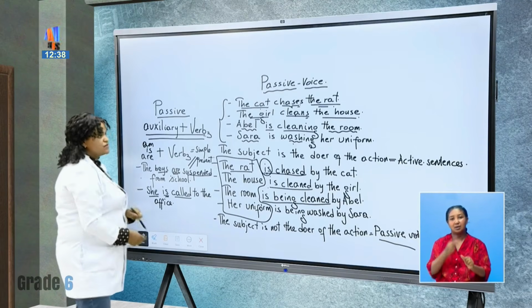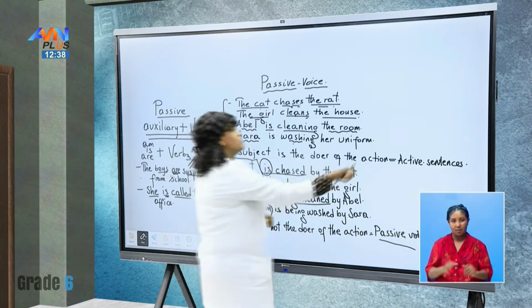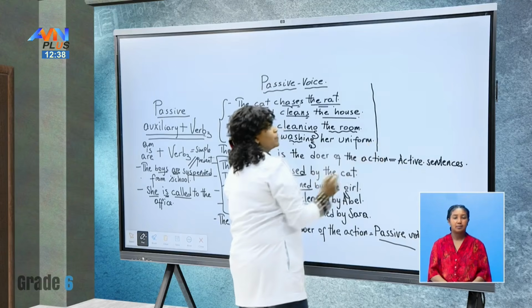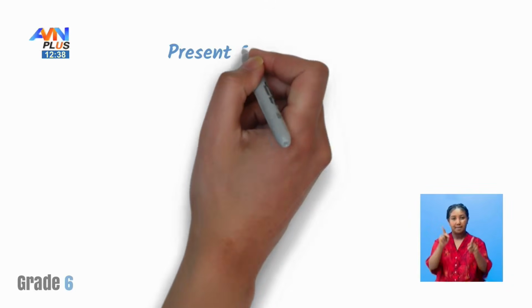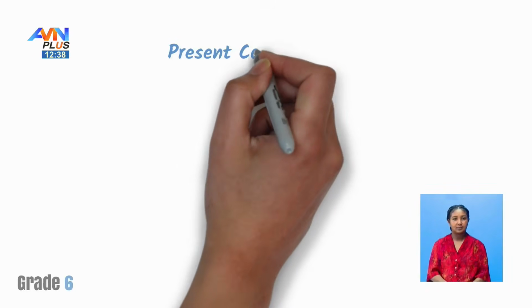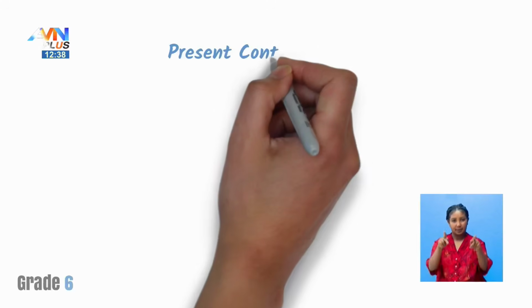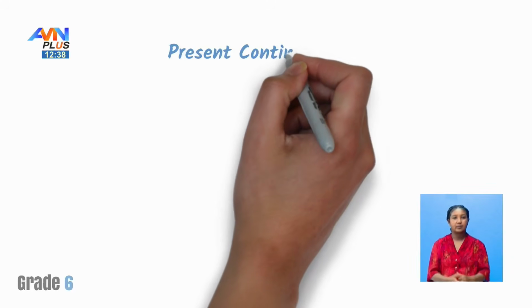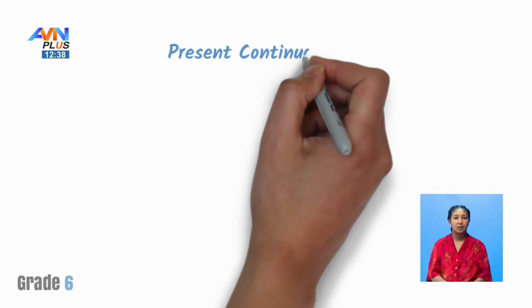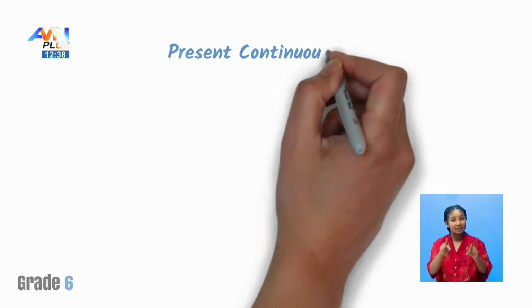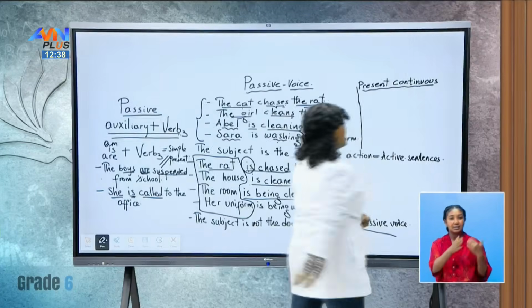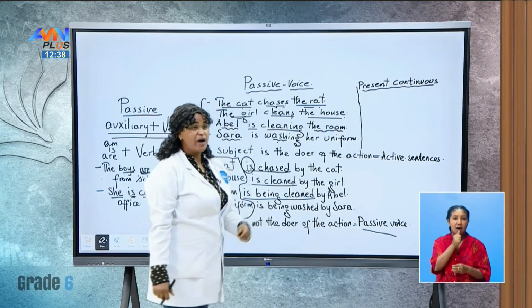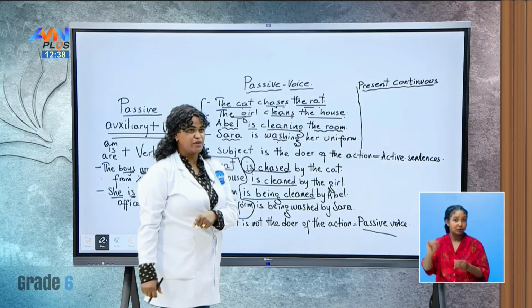How about the present continuous? Let us see it in the form, okay? Look, present continuous. Normally, the present continuous is what? Subject plus is, are plus verb ing, progressive verb, right?